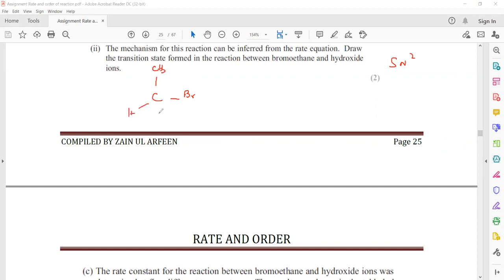This is bromoethane. The attacking nucleophile OH will be there. This will be partial positive and negative. This will attack on carbon. So the bond breaking and bond forming will take place at the same time.